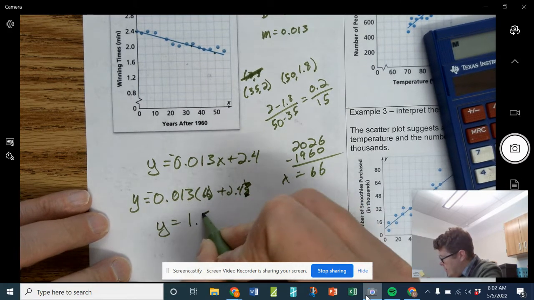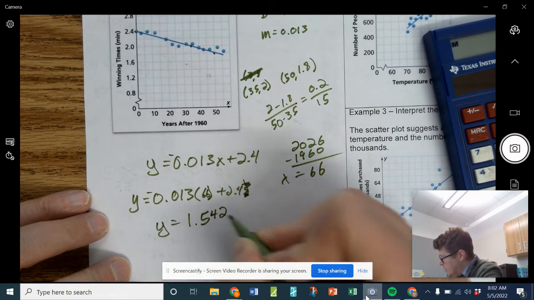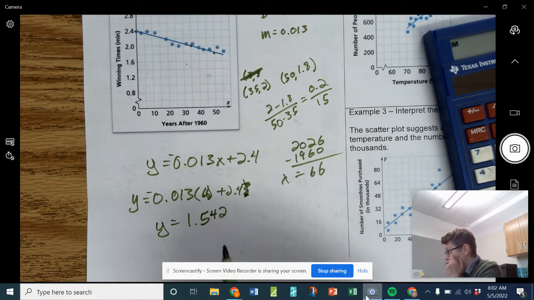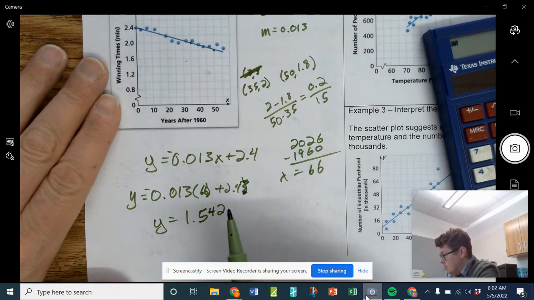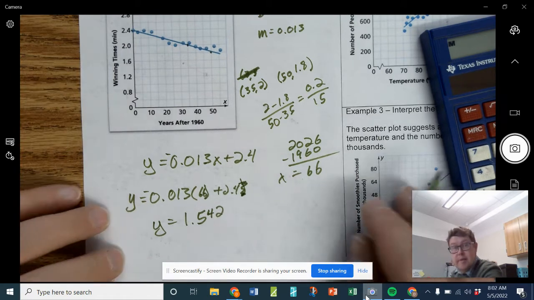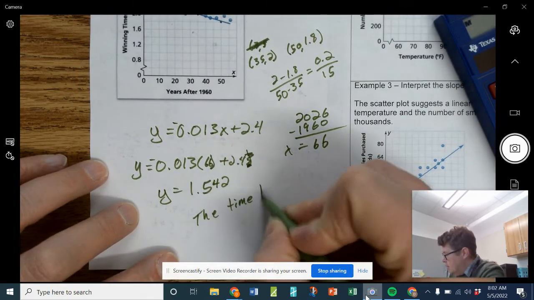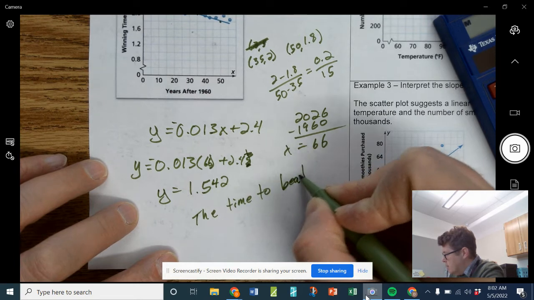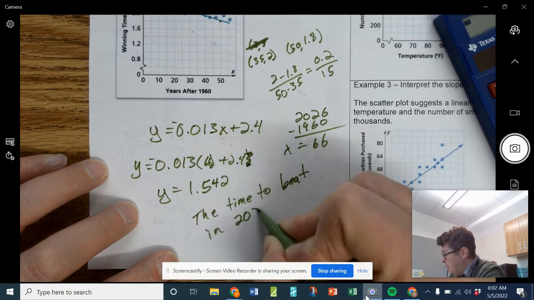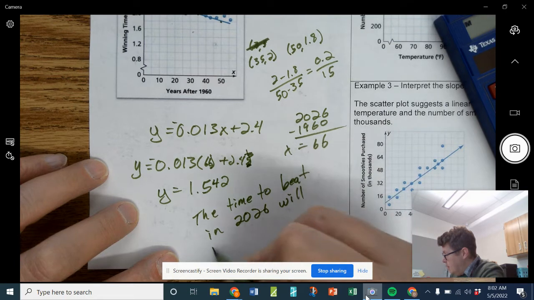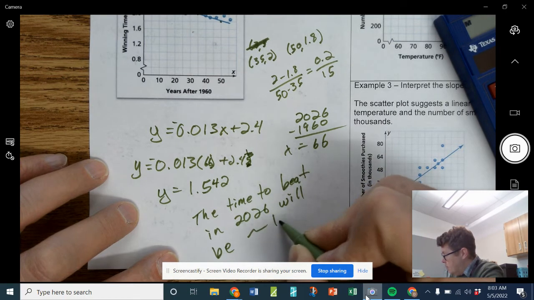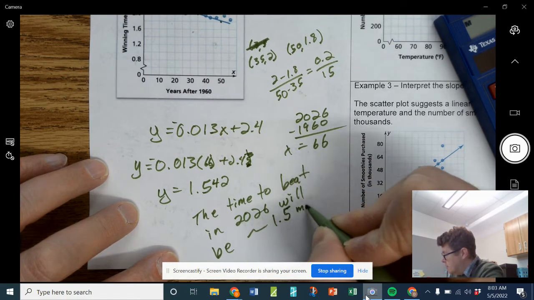So the time to beat in 2026 is like 1.5 seconds, which is crazy. 1.5 minutes, my bad. The time to beat in 2026 will be approximately 1.5 minutes.